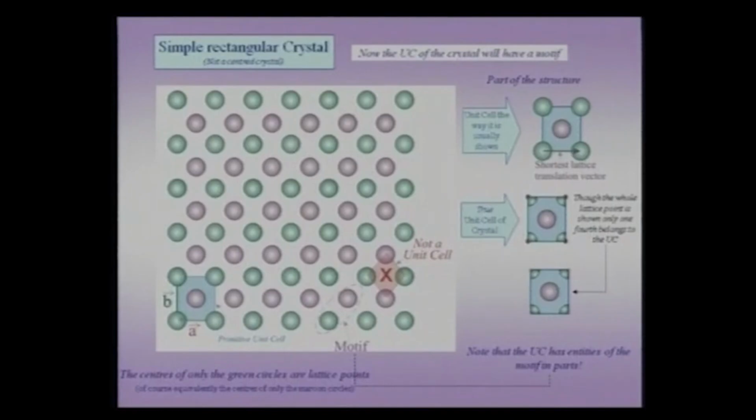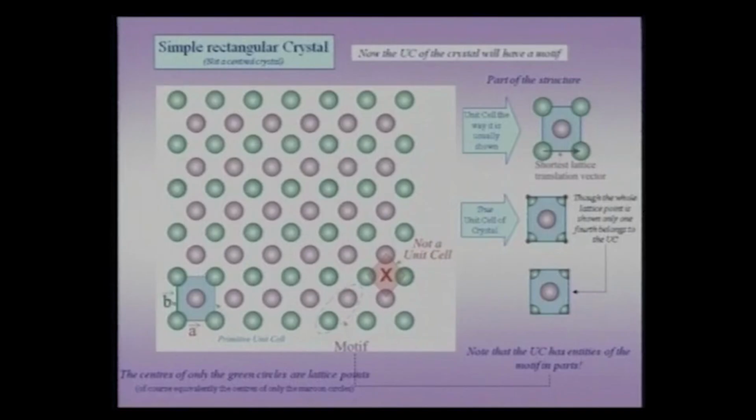If we choose the center of the green circle as a lattice point, then the center of the brown circle cannot be a lattice point, and therefore, as we had stated, in conventional typical unit cells all the vertices have to be lattice points. This cannot be a unit cell.